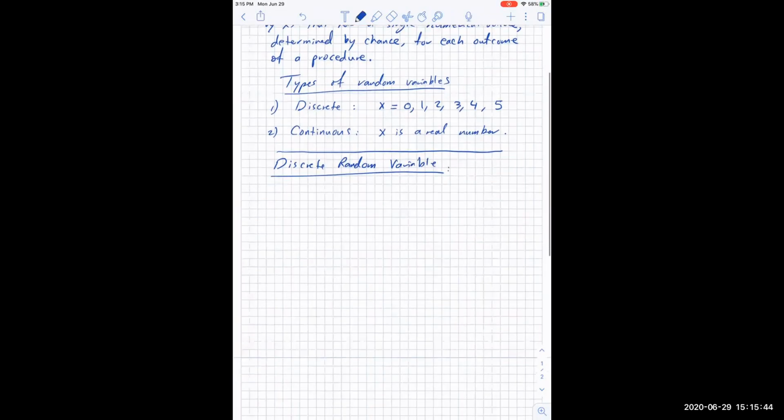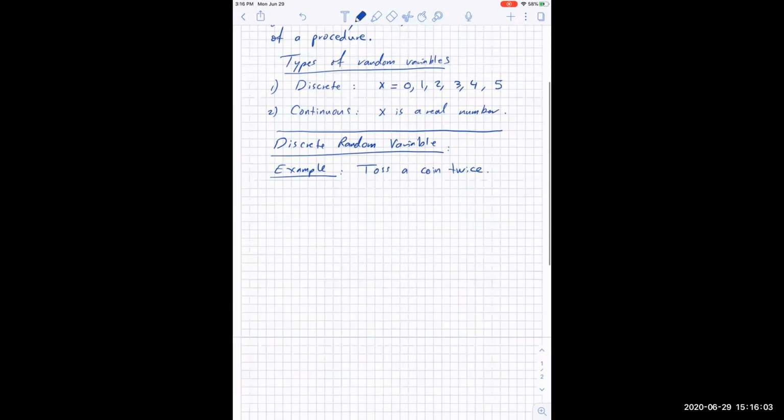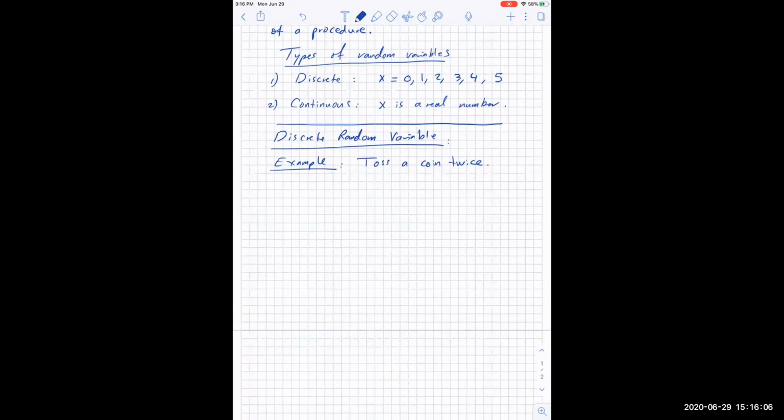Let me explain the concept with an example. Toss a coin twice. That's the experiment. X is the number of heads in 2 tosses.